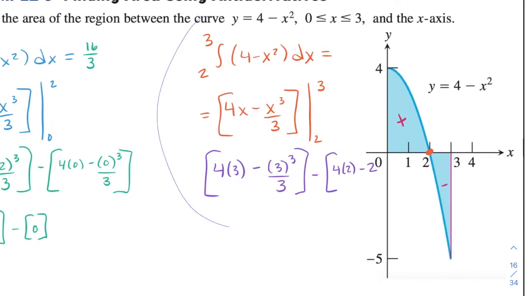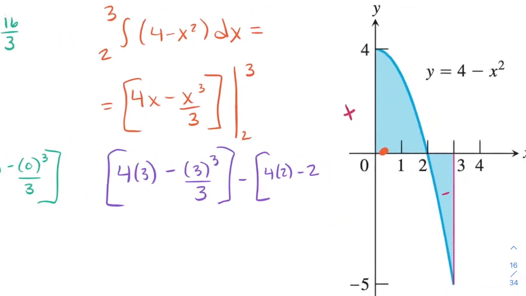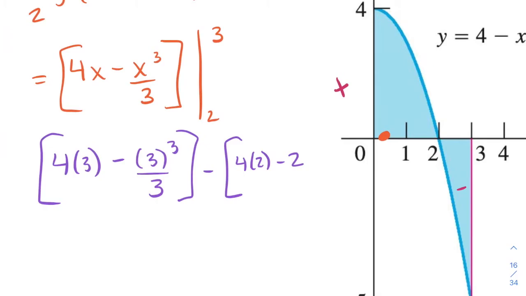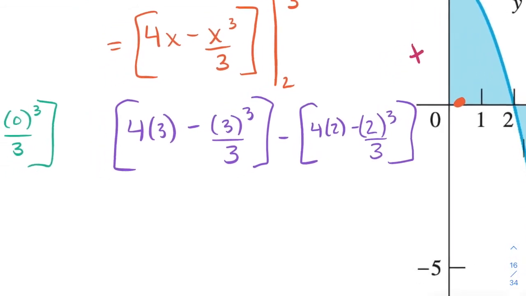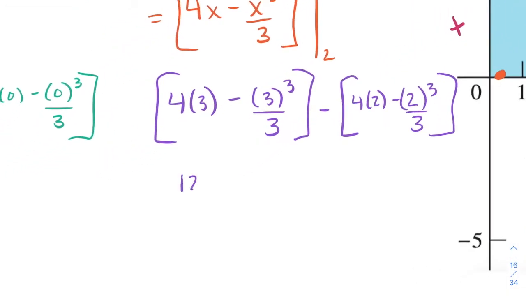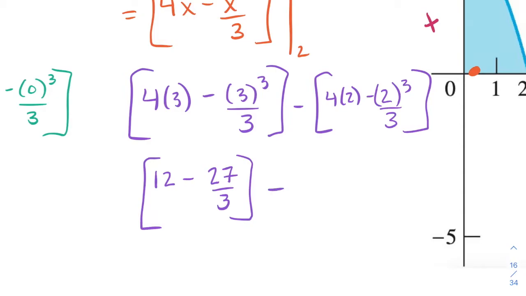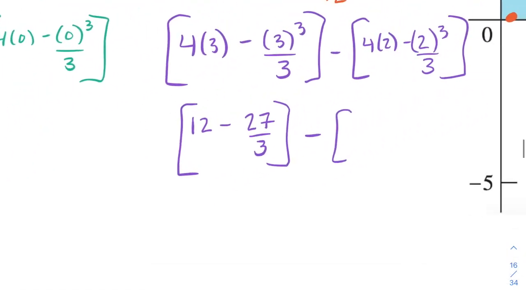Now this is going to be 12 minus 27 thirds, right? 4 times 3 is 4, 8, 12. Yep, minus 3 times 3 is 9, times 3 is 27. Take away, we already know that this is, we don't need to do work, but it's 16 thirds. So I pulled it from what I had already done.